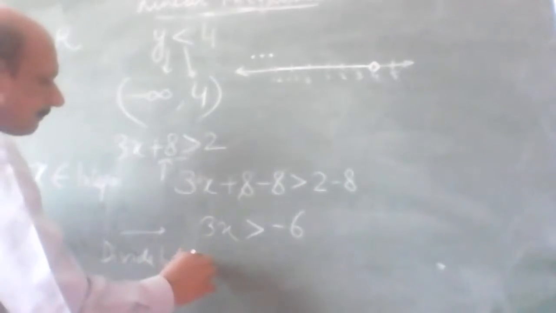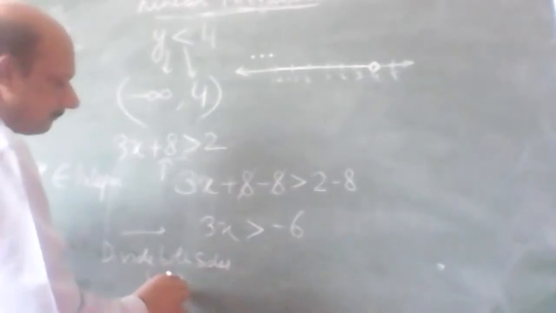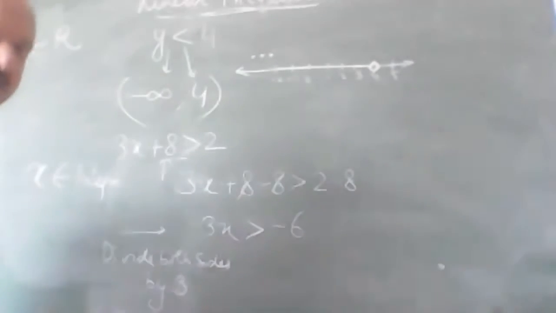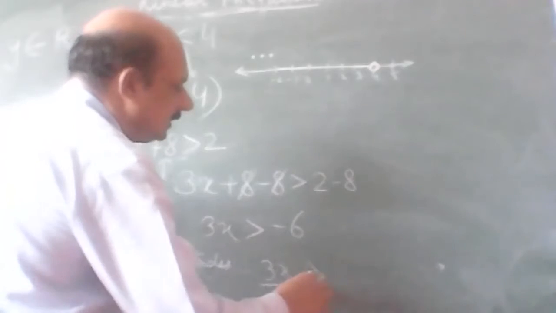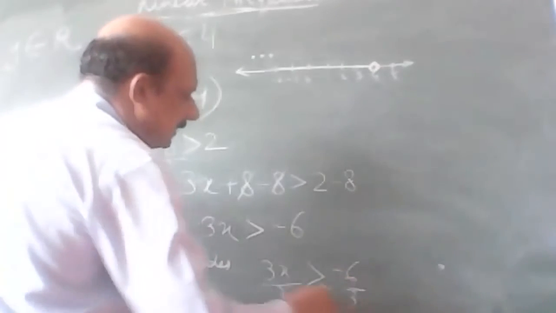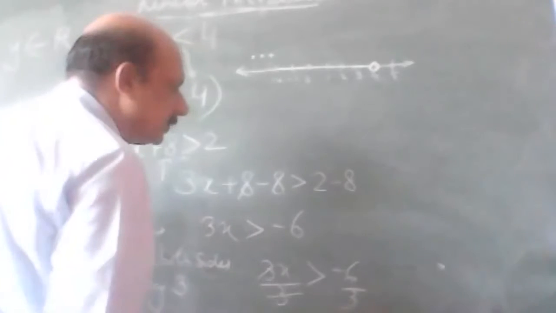Where does the plus 8 come from? Divide this by 3. 3x by 3, minus 6 by 3. X is greater than minus 2.